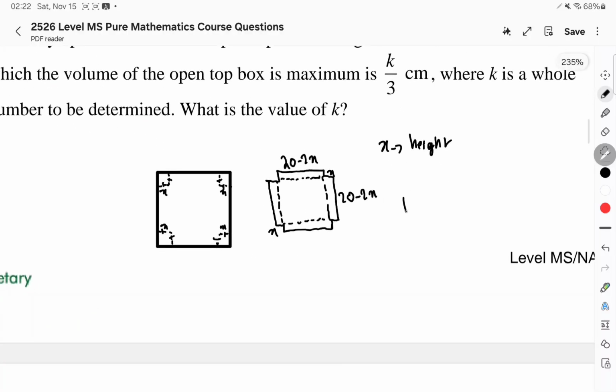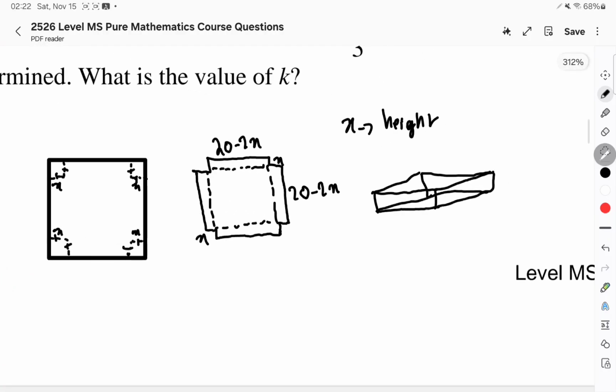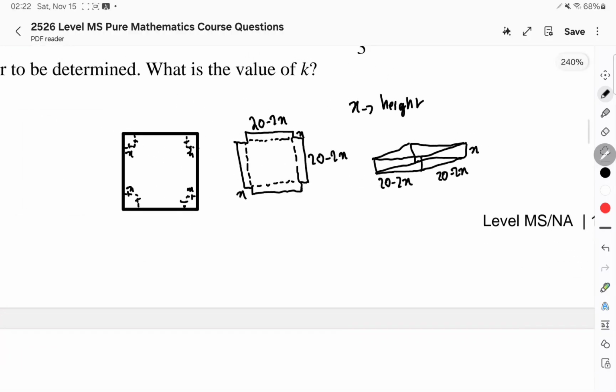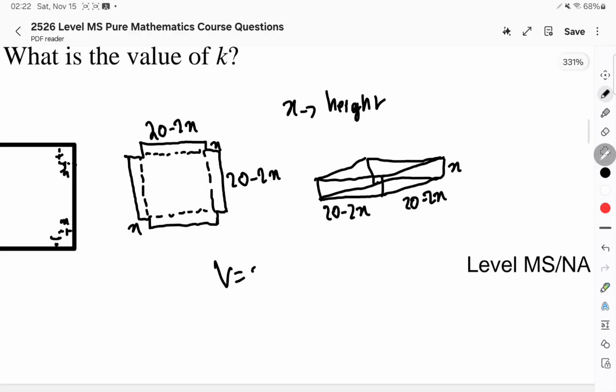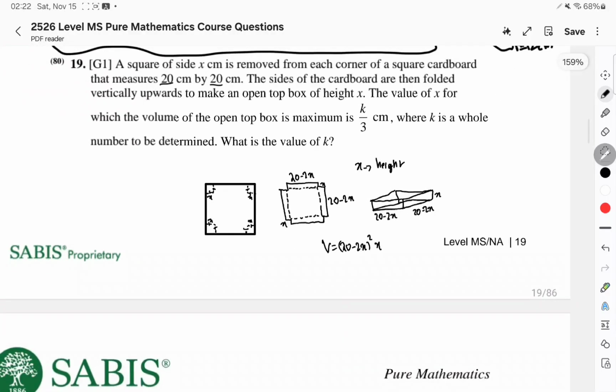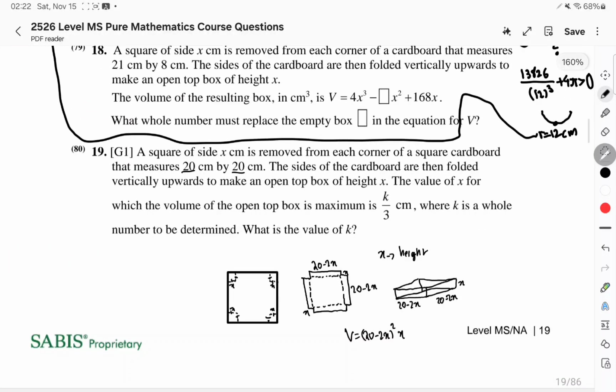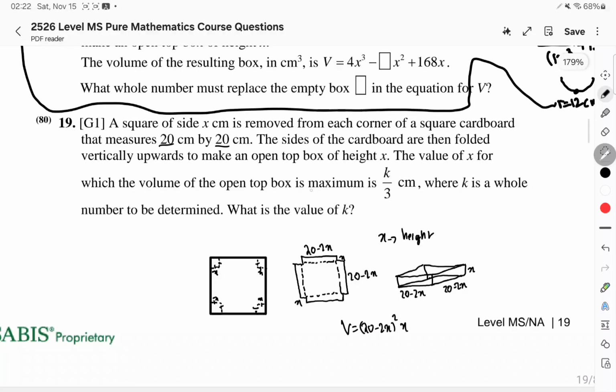So now I get this diagram here. Now I get this with height x and bases of 20 minus 2x. To get the volume, it is equal to 20 minus 2x squared multiplied by x. Now that I got the volume, they want to find the maximum.